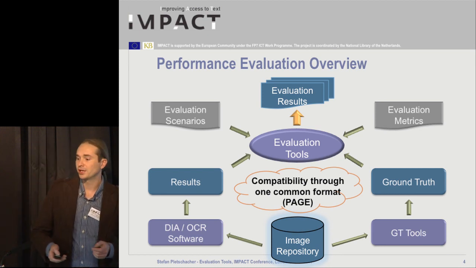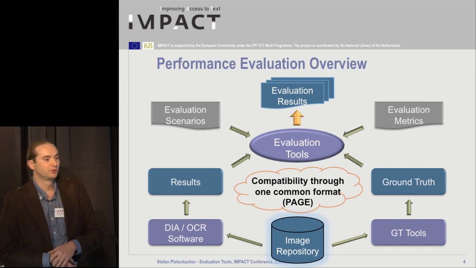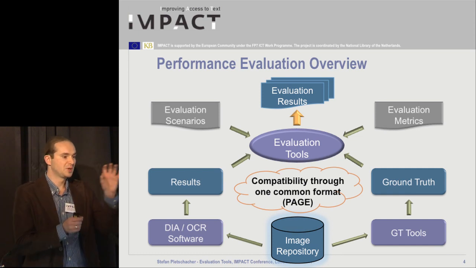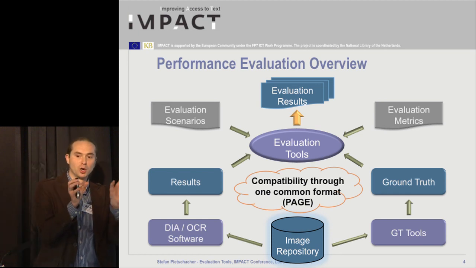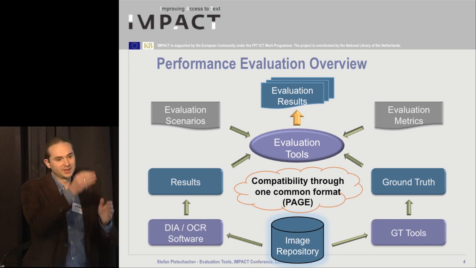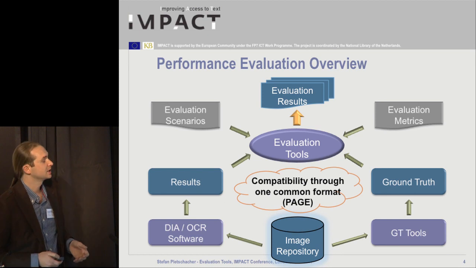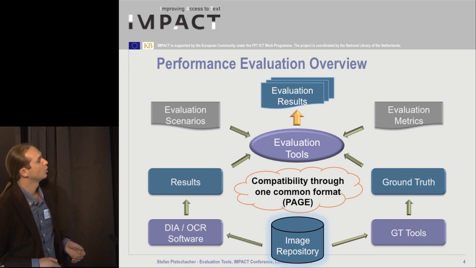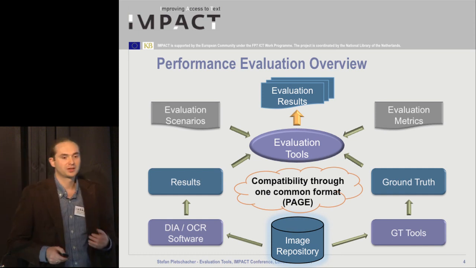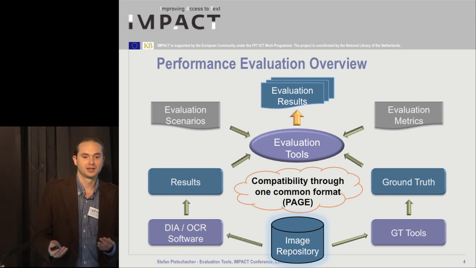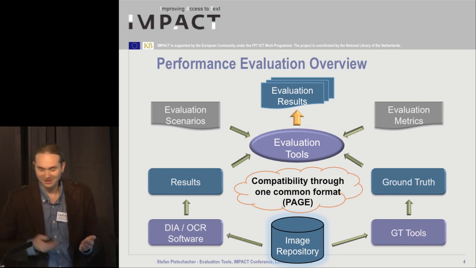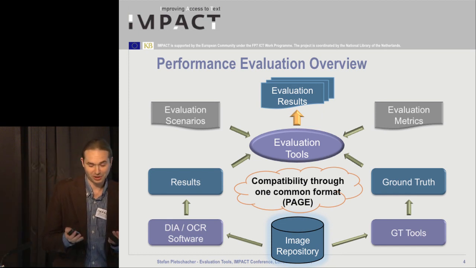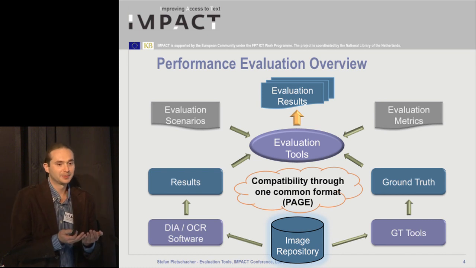Or for segmentation and layout analysis, it would be missed regions or misclassified regions or merged regions, wrongly split regions. So those are the types of error you would measure. This is more or less a very objective thing. It's what you find in the output of some method and the ground truth, and you can compare that.